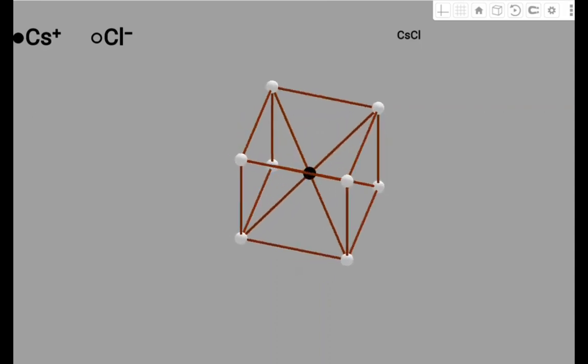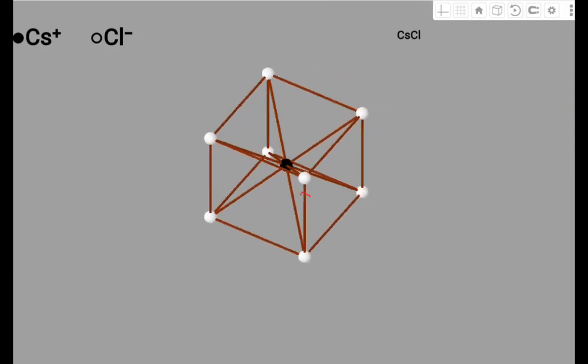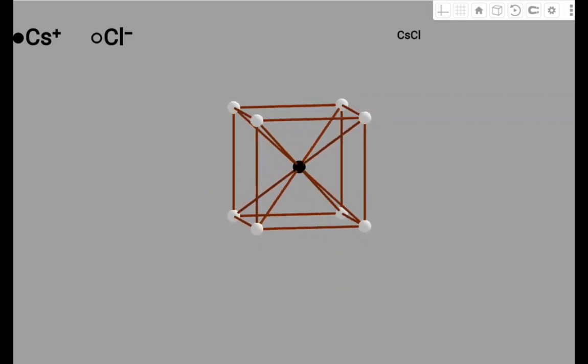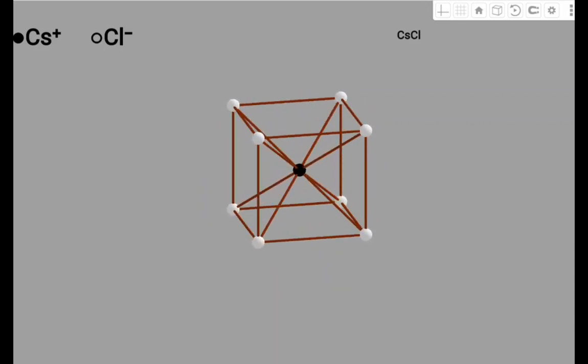The basis position of cesium is half, half, half, and the chloride ion is 0, 0, 0. So this one here is the chloride at 0, 0, 0, and this one here is half, half, half.